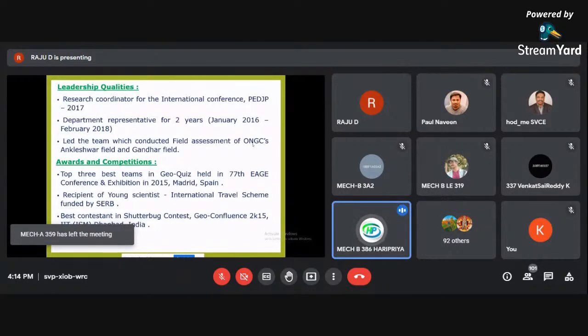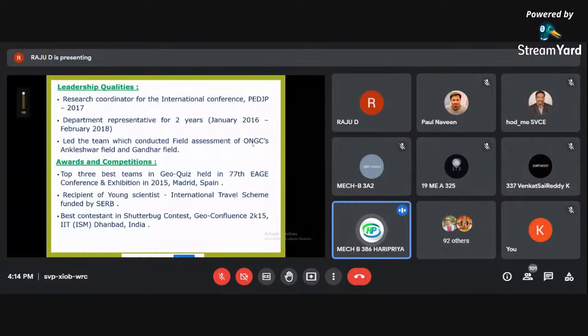He was research coordinator for the International Conference PEDJP 2017, department representative from 2016 to 2018, and led the team which conducted field assessment of ONGC's Ankleshwar field and Gandhar field. His team was among the top 3 in GeoQuiz at the 77th EAGE conference and exhibition in 2015, Madrid, Spain. He received the Young Scientist International Travel Scheme funded by SERB, and was the best contestant in the Shutterbug contest, Geo Conference 2015, IIT Dhanbad, India.